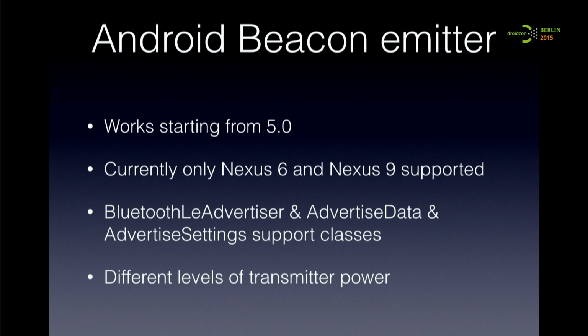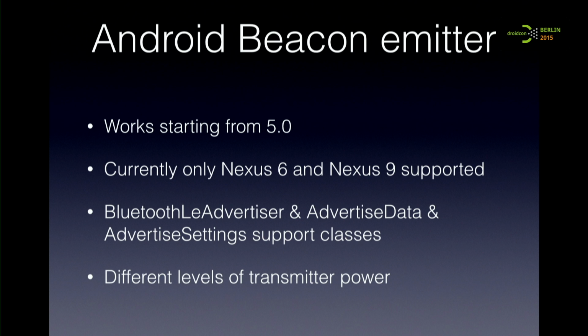The second part is for emitting from Android devices. Your phone can also be emitted as a beacon. In Android, this feature is supported just for Nexus 6 and Nexus 9 devices, and works from Android 5.0.